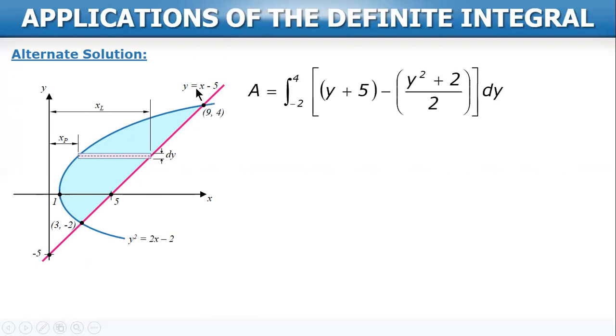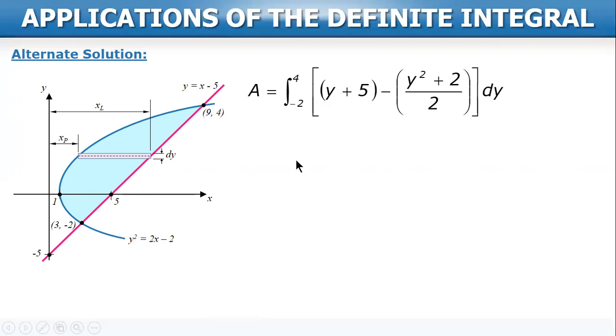Our x line is y plus 5, okay, transpose 5. So x equals y plus 5. And sa parabola, to solve for x, transpose the 2. So you have y squared plus 2. And then since we have 2x divided by 2, so we have x equals y squared plus 2 all over 2. This one.